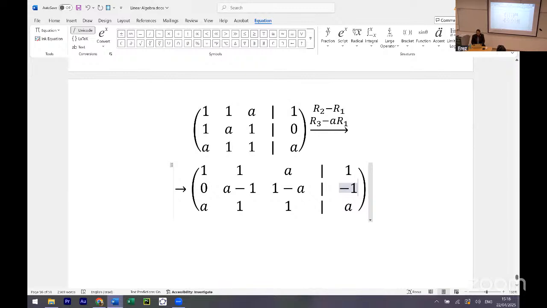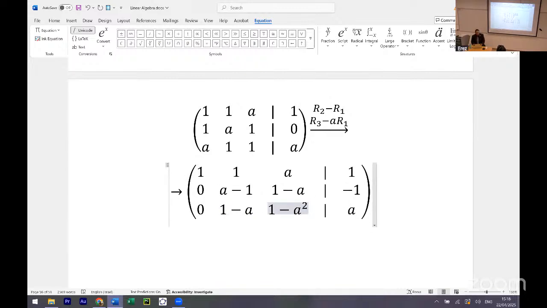Third row, R3 minus A times R1. So A minus A, 0. 1 minus A, 1 minus what? A squared. A squared, exactly. And A minus A is again 0.